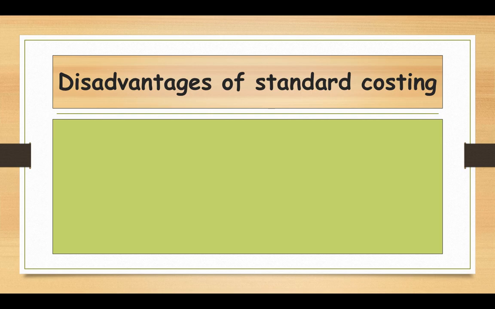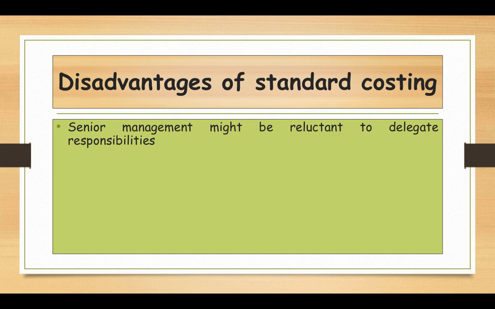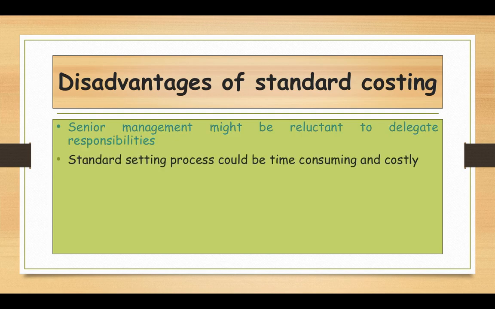The disadvantages of standard costing include that senior management might be reluctant to delegate the responsibilities to lower level managers. And also, the standard setting process could be time consuming and costly.